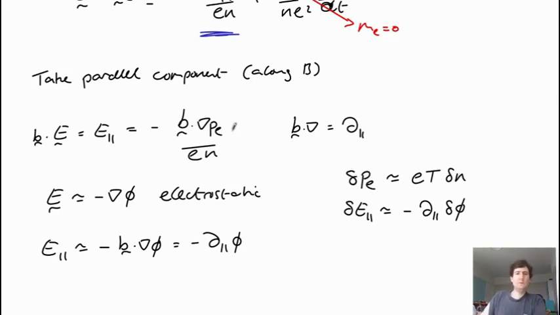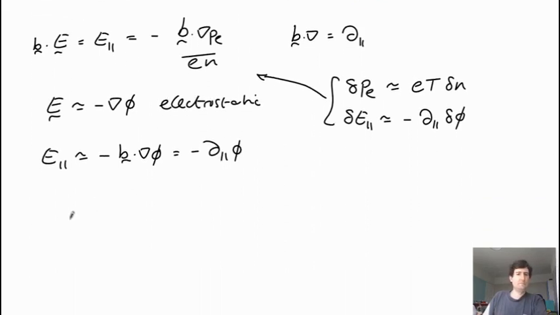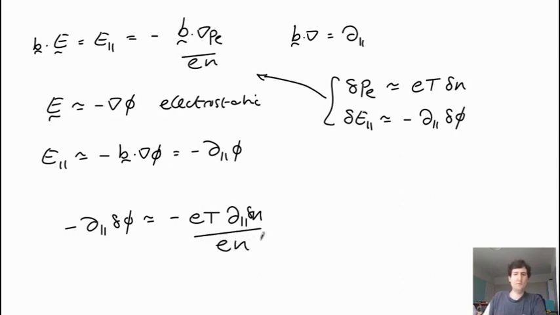We can put this into the expression: substituting these two components, we have minus grad parallel delta phi approximately equal to minus, taking the constant e and T outside, e T grad parallel delta n divided by e times n.